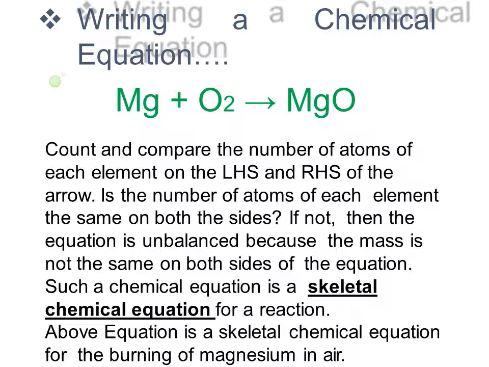If you see this reaction, Mg plus O2 forms MgO, on the left hand side 1 Mg is there, on the right hand side 1 Mg is there, so Mg is balanced. If you see oxygen atoms, on the left hand side there are 2 oxygen atoms, on the right hand side 1 oxygen atom, so this is not a balanced chemical equation. Such equations are known as unbalanced chemical equations or skeletal chemical equations. It's very important, skeletal chemical equation. So this is a skeletal equation for the burning of magnesium.